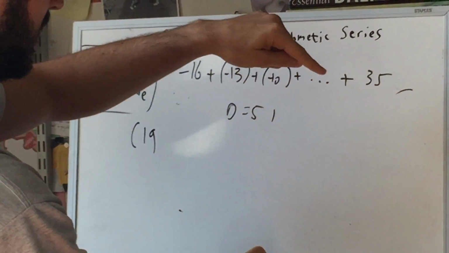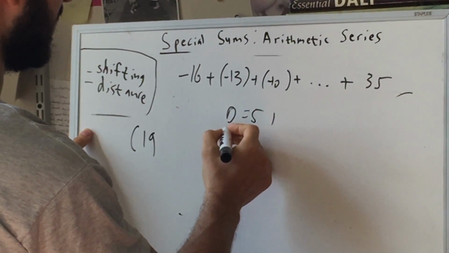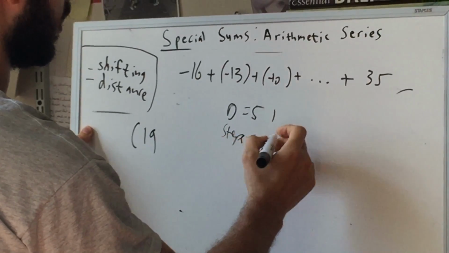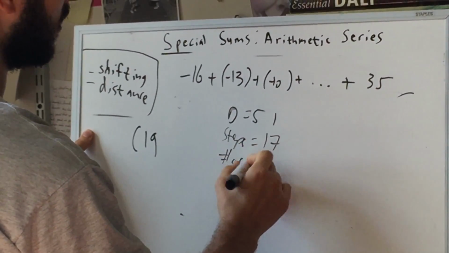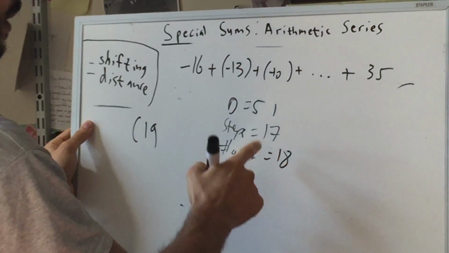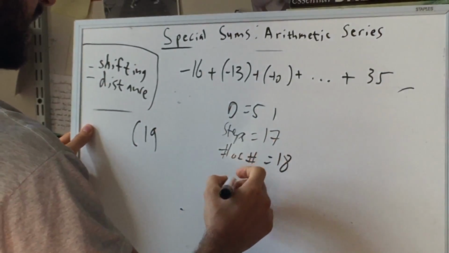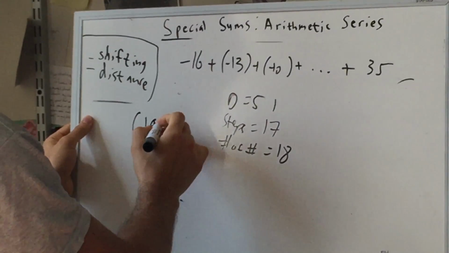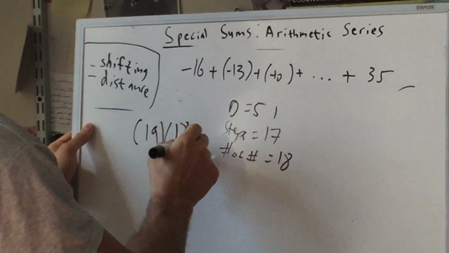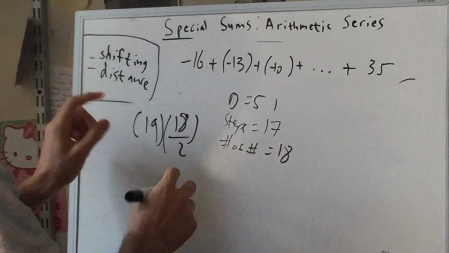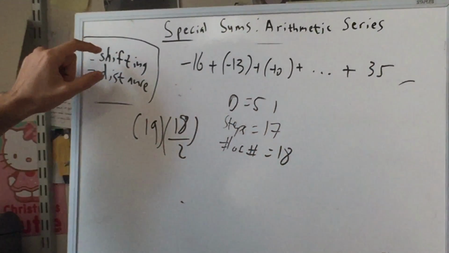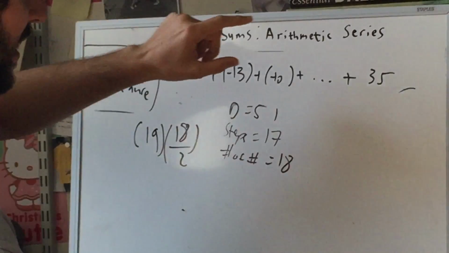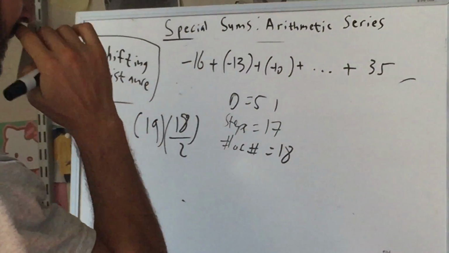We're moving in threes, so you're actually taking 17 steps, and the number of numbers is 18 because it's one more than the number of steps. So again, it would be 19 times 18 over 2, and if you notice, we got the same answer as the first method. All right, so that's how you use the shifting method and the distance method to find the sum of an arithmetic series.